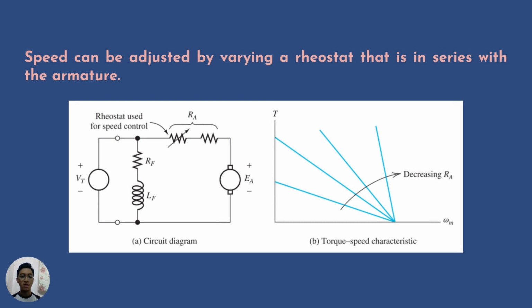Speed can be adjusted by varying a rheostat that is in series with the armature, and the operation can be seen in the figure below. The circuit diagram shows the circuit with the adjustable rheostat, and the torque speed characteristic shows the result based on the graph from the circuit.